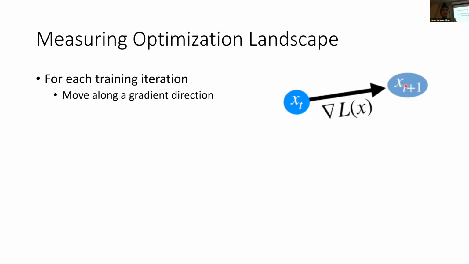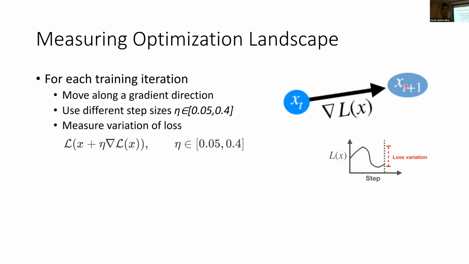So they take a step in the network training, define the gradient direction, and use different step sizes in the same direction. So they check what the loss is when you apply different step sizes, but keep the direction constant. One of the measures they use is the variation of loss.